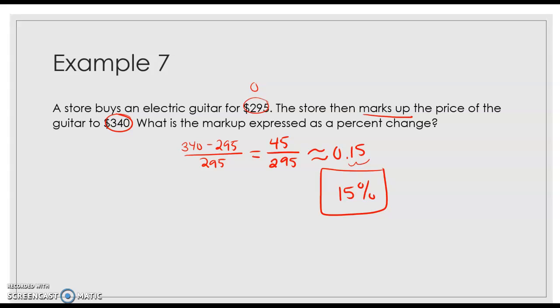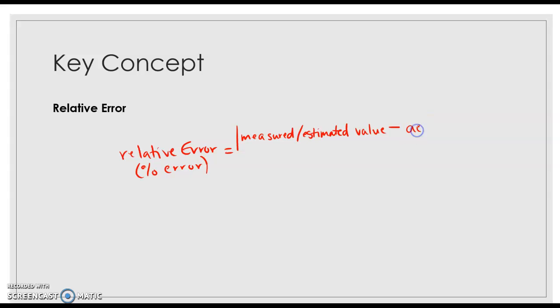Now, on the same thought, when we talk about relative error, or otherwise known as our percent error, is going to be equal to, I'm putting this one in absolute value, the measured or estimated value minus the actual value.